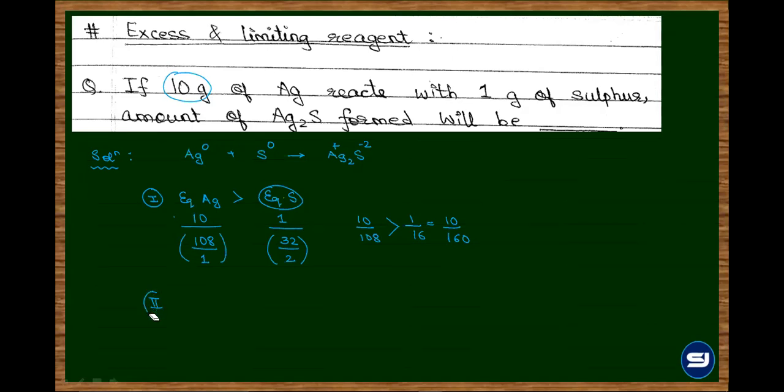So first part में we identified a limiting reagent. अब second step में करना क्या है? We equate the equivalence of the limiting reagent with the product formed. So once again, this equivalence of sulfur is directly taken as 1 by 16, and for this the formula of weight upon equivalent weight is to be applied. Now silver sulfide is an ionic compound.